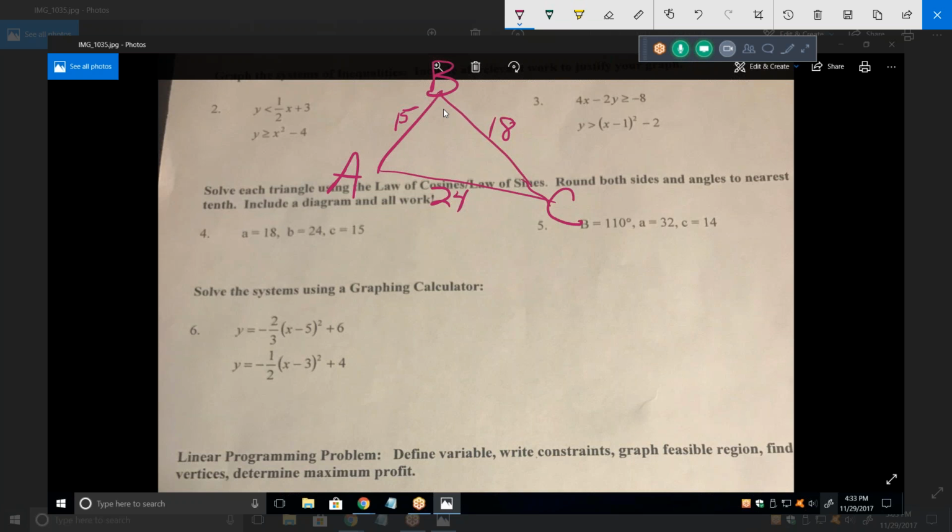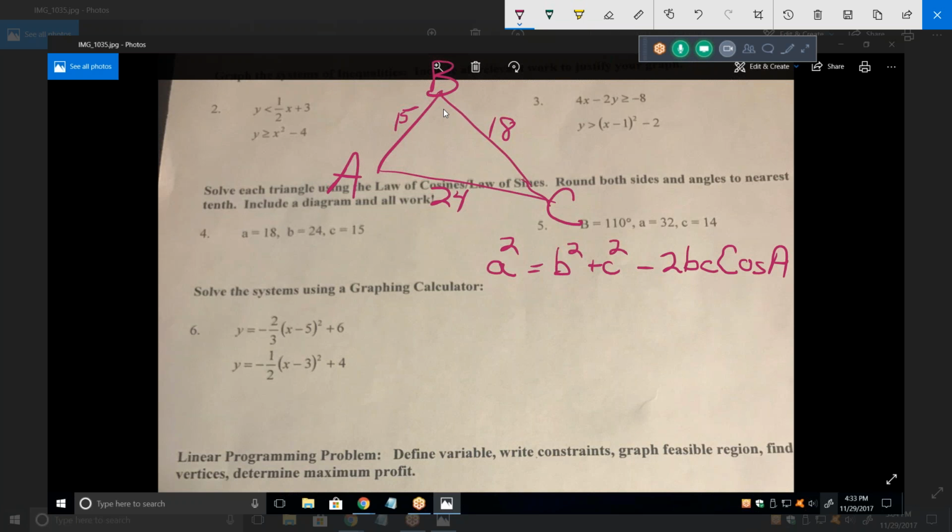So a squared equals b squared plus c squared, and then minus 2, and the 2 letters that go there are the same 2 letters that are over there already. 2bc, and then cosine A. Correct.